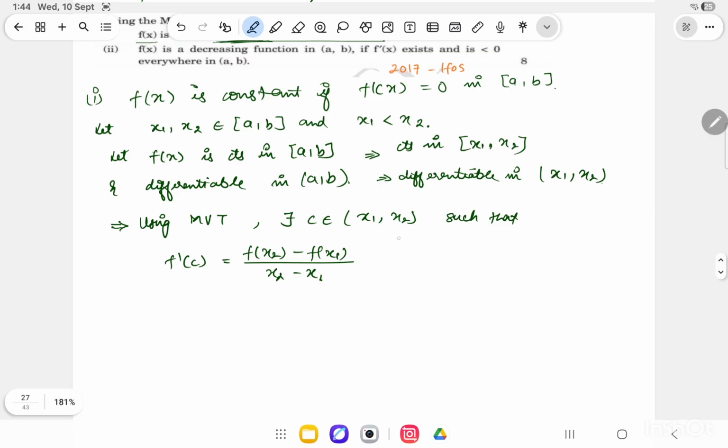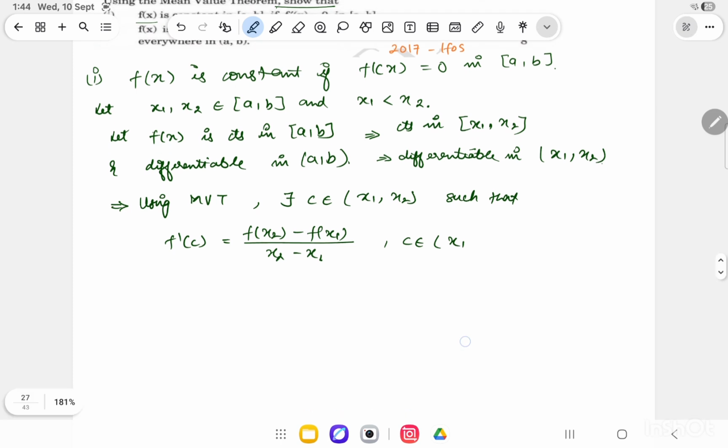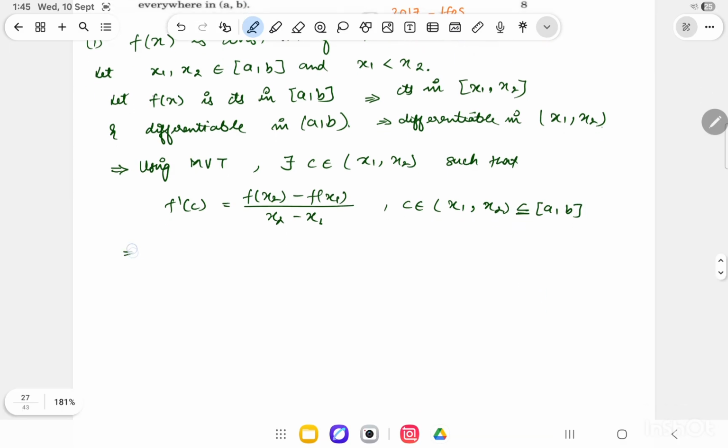But in the question it is given that derivative of fx at any point in closed interval a comma b is 0. So derivative of f at c will be 0 because c is a point in x1 comma x2 and that is contained in closed interval a comma b. So I got f of x2 minus f of x1 divided by x2 minus x1 equals 0. So I got f of x2 equals f of x1.